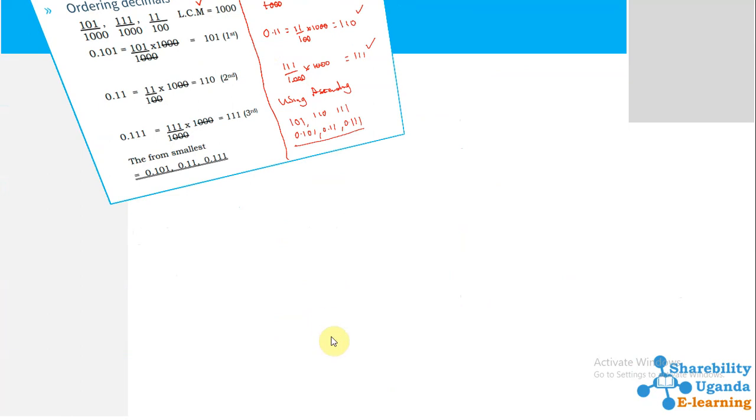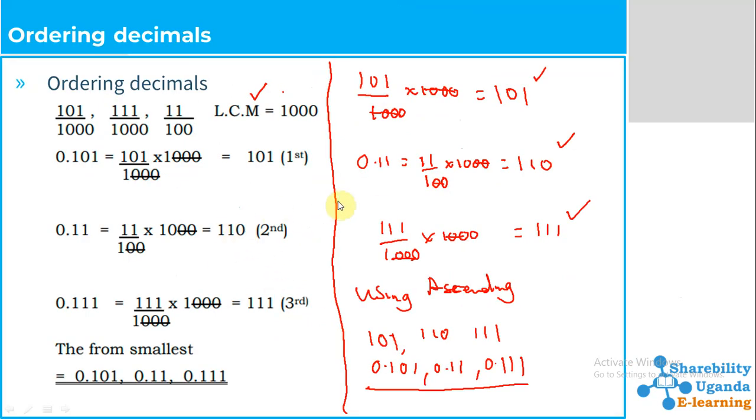This is where we stopped: to arrange these decimal numbers, we first change our given numbers into proper fractions. Then we look for a number that we can multiply by to get a number which is flat, which doesn't have any decimal or fraction. So this is how we look at these numbers.